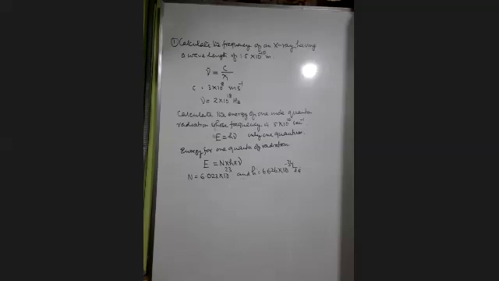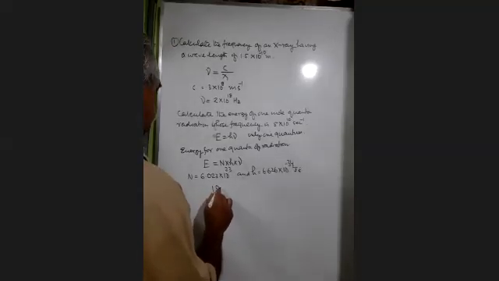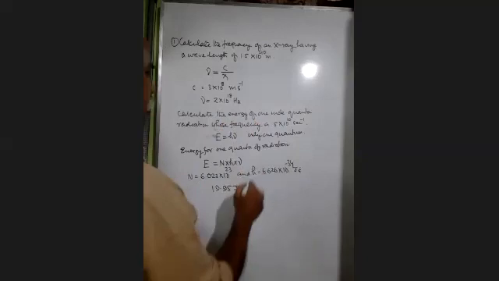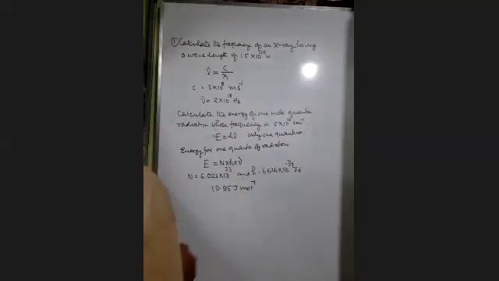Minus how much? 19, sir. It is 19.95 joule. They have asked for 1 mole, so it will be per mole. Result is 19.95 joule. You write now here mole inverse.